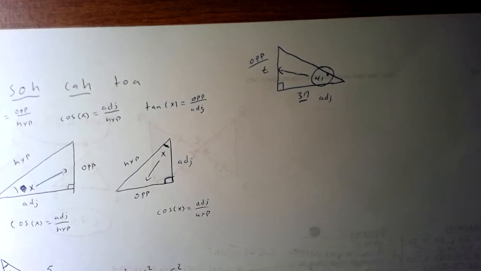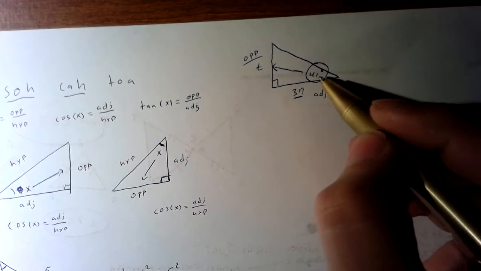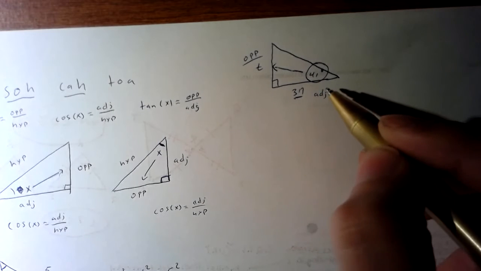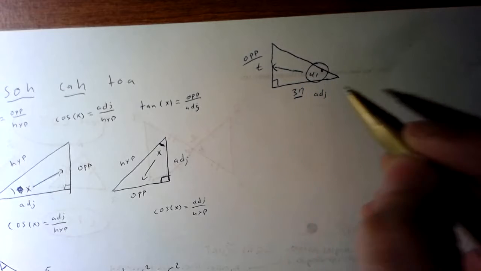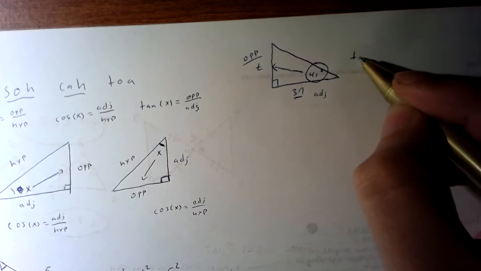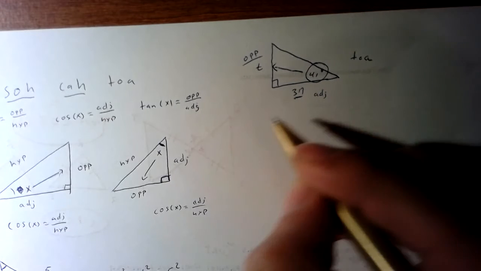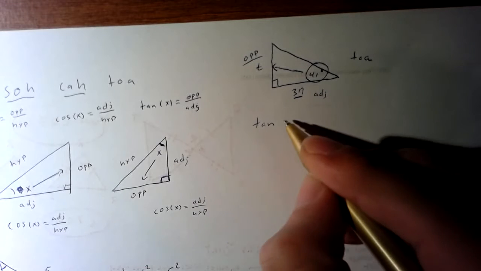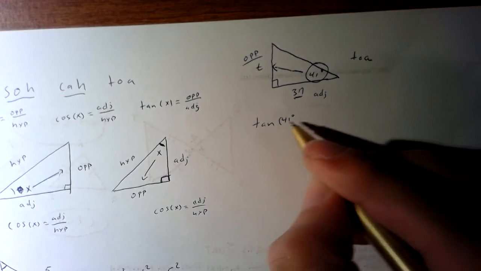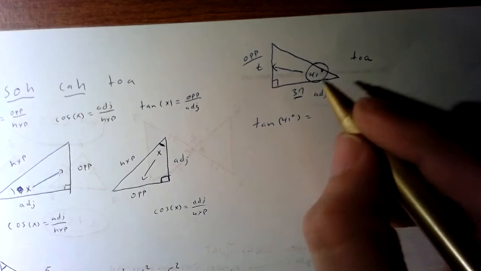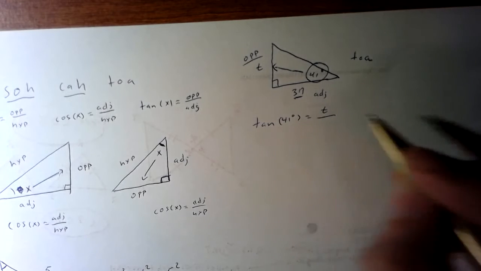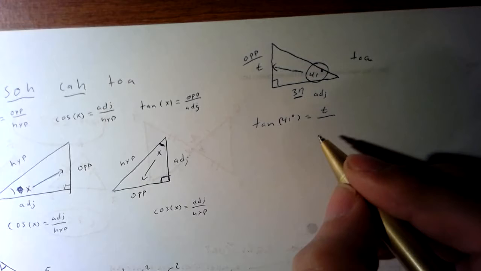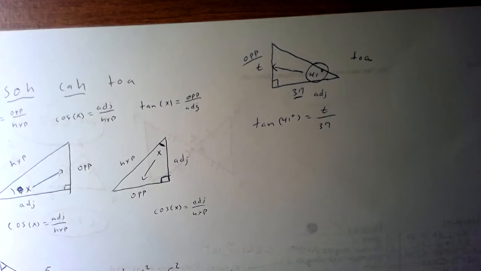So what that means is that we have to use the ratio, or the trig function, that has opposite and adjacent. And that one goes with TOA. So it's tangent of 41 degrees, in parentheses, equals opposite, which is t, divided by adjacent, which is 37.